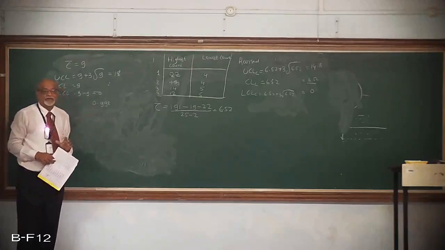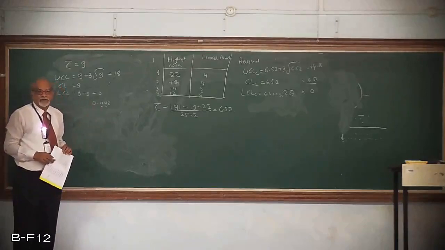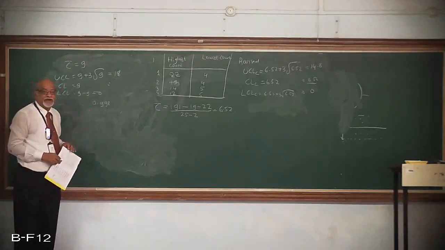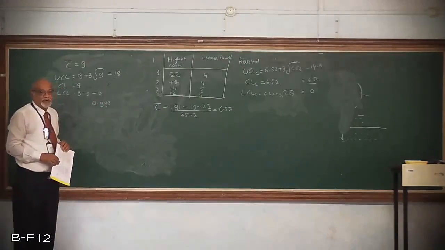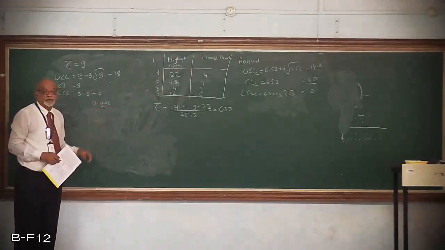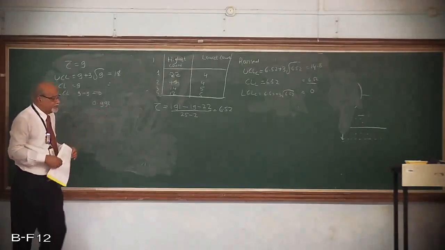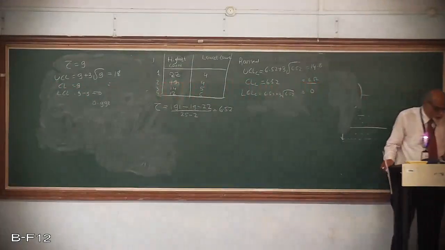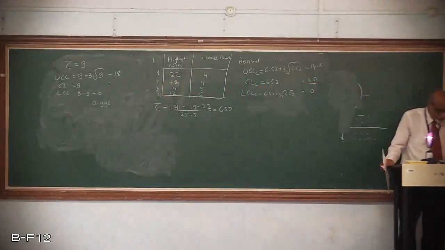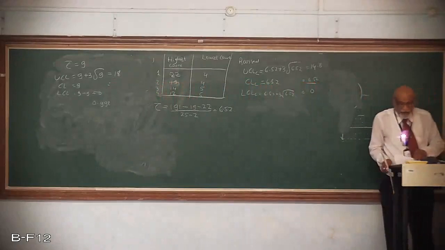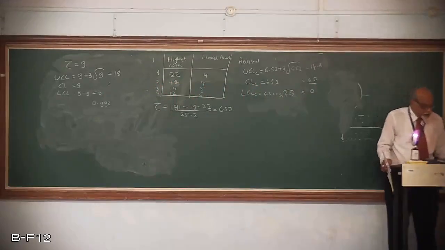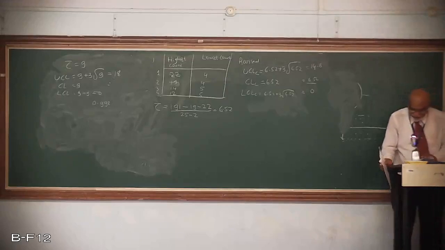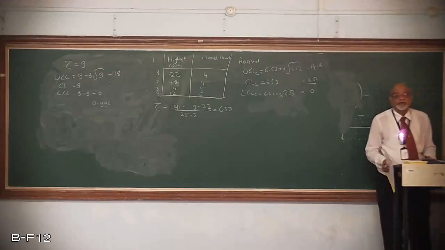We are not 100% right. Okay. So another thing we need to find out: 1 minus 0.998 is how much? It is 0.002. We are going to be wrong. Even though it is within control, we say that it is not within control. So 0.2% is the chance of making that error.